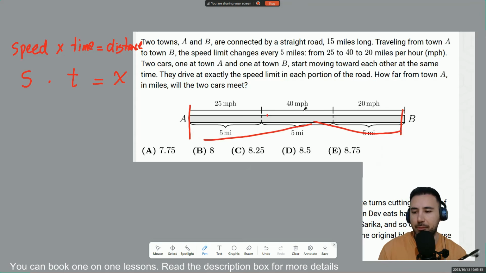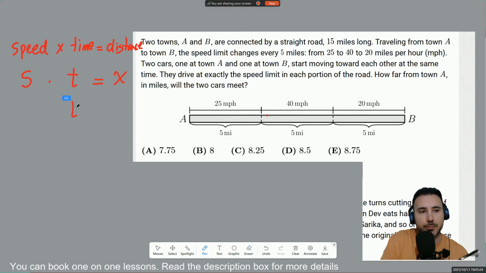So they travel for the same amount of time, right? And that's really important. So let's divide both sides by S. So we're going to get time is equal to distance, right? Divided by speed. That's all we need, isn't it?